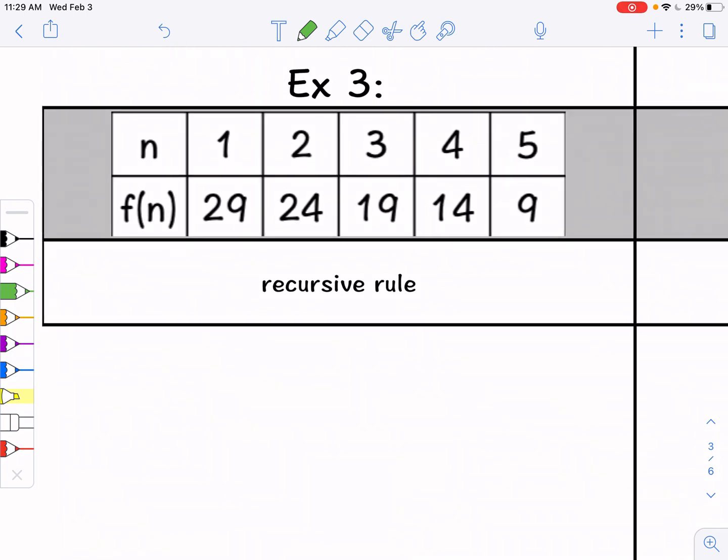Taking a look at example 3, n represents the term number, remember? So our first term is 29. Our second term is 24. Our third term is 19. That's how we read that. So if we look at this, our first term we know is 29. And then we're subtracting 5 every single time.